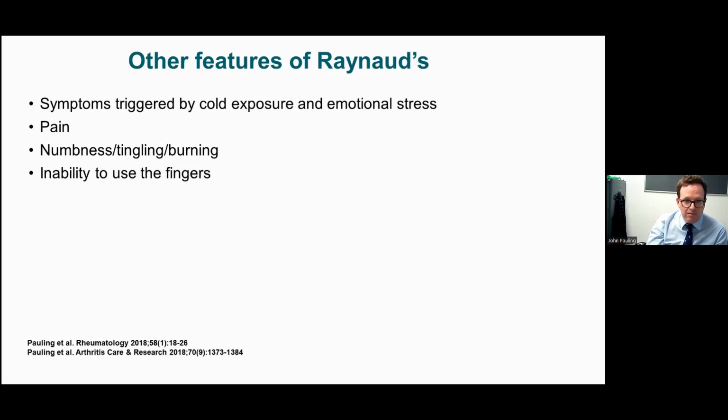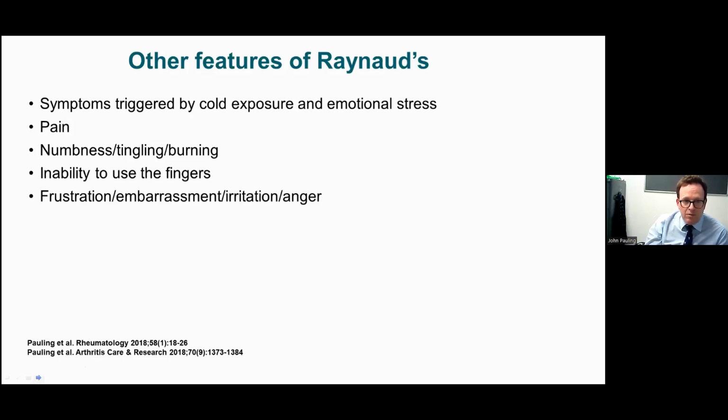So, I can't get coins out of my purse, I can't get dressed properly, do the things I need to do because of these Raynaud's symptoms. And these are the main physical symptoms of Raynaud's phenomenon.